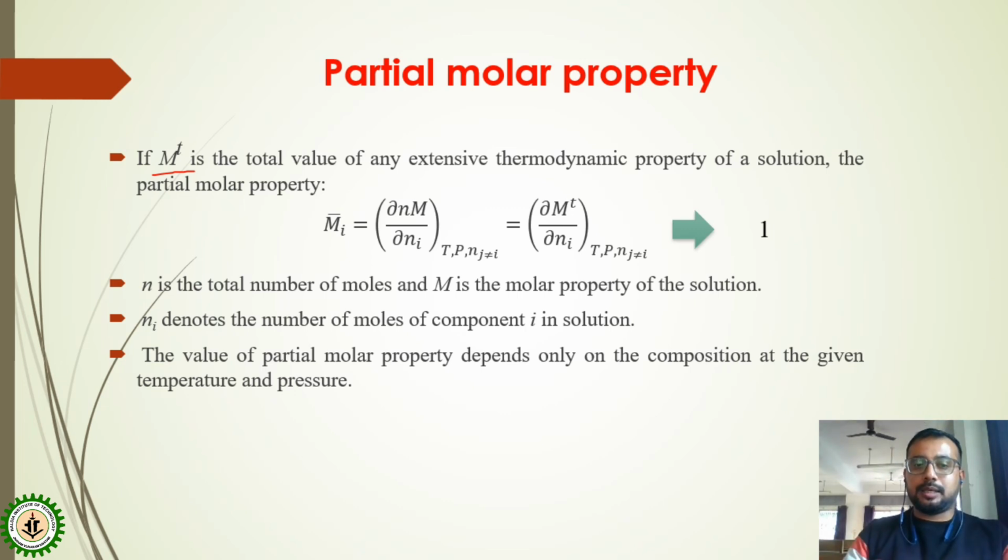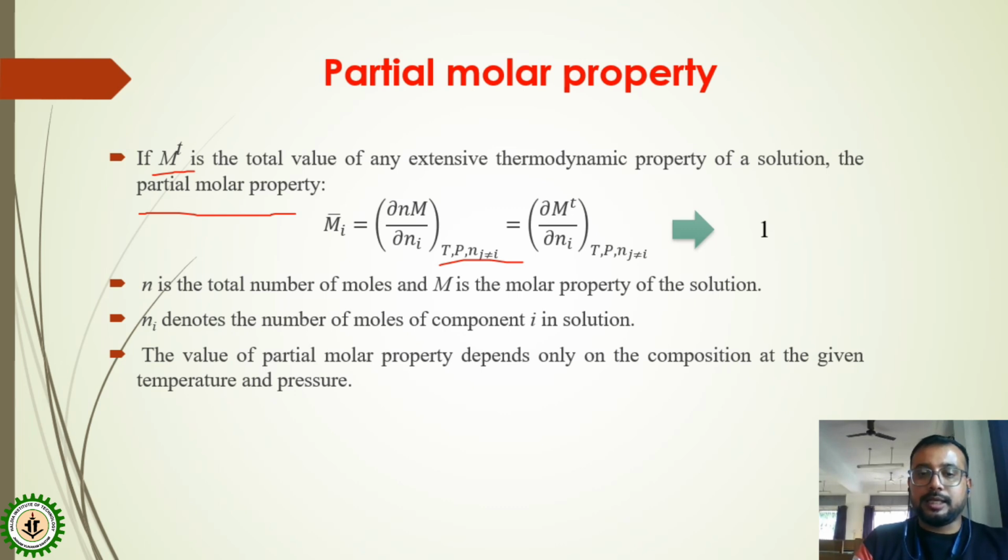Whenever a component contributes itself into the solution, the partial molar property is created, which is Mi bar equal to delta N capital M by delta Ni at constant temperature, pressure, and number of moles of the jth component not equal to the number of moles of the ith component, where capital M is the molar property of this extensive thermodynamic property of the solution, and N is the total number of moles of the solution.